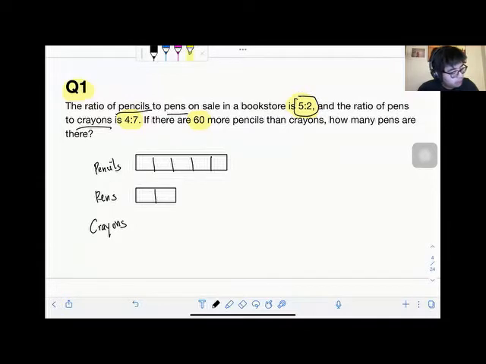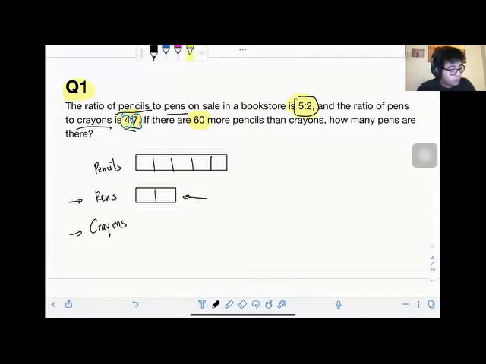The ratio of pens naman to crayons is 4:7. So yung pens natin nandito, yung crayons natin nandito. And we want to show na yung pens to crayons, yung pens dapat 4 siya, no? Tapos yung crayons, 7 siya. Pero yung box natin ng pens, 2.